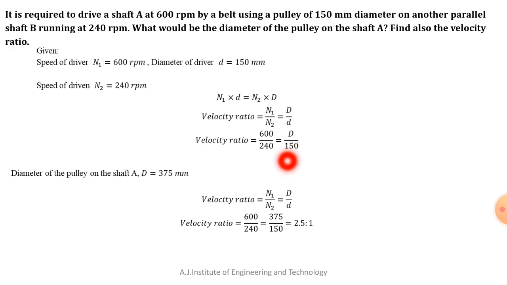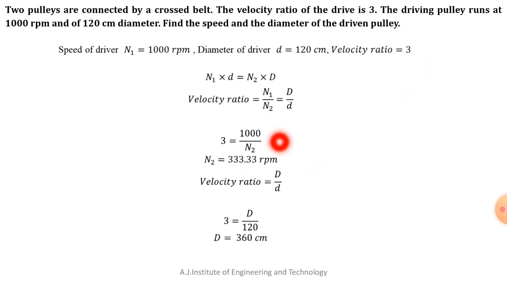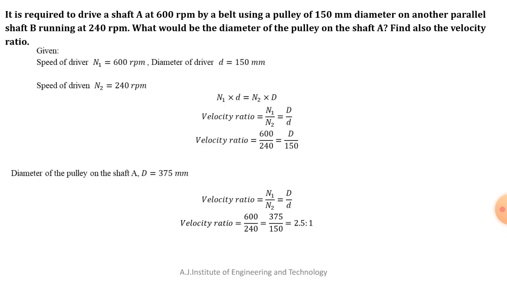After solving this, you will get the capital letter D, which is the diameter of driven pulley, becomes 375 millimeter. Once you get this value, you can easily find out the velocity ratio. So velocity ratio is nothing but n1 divided by n2.